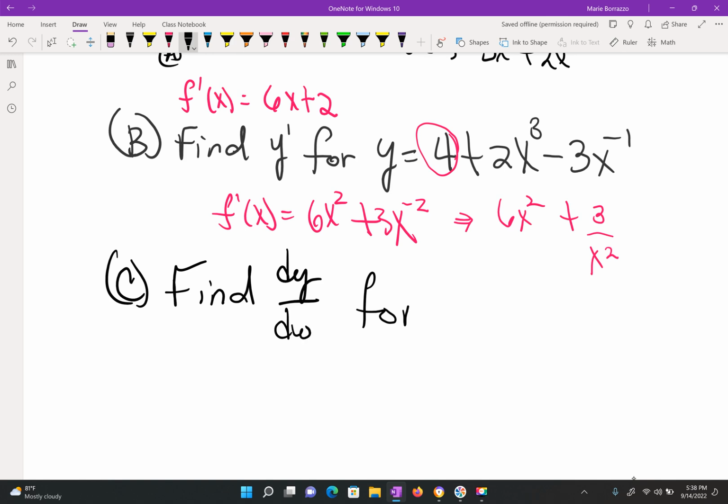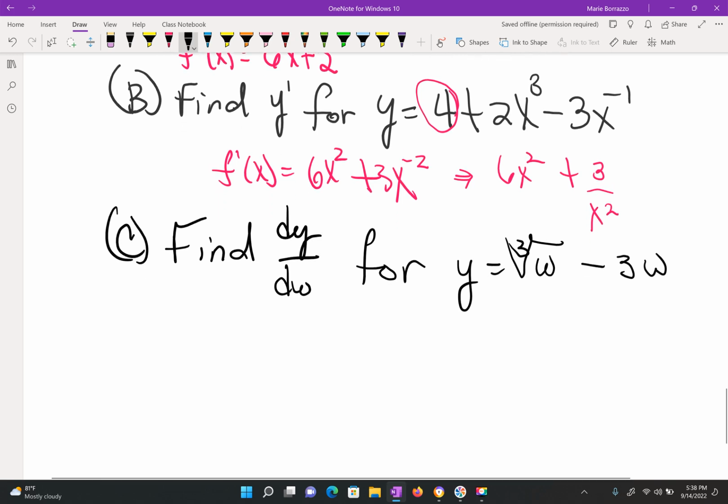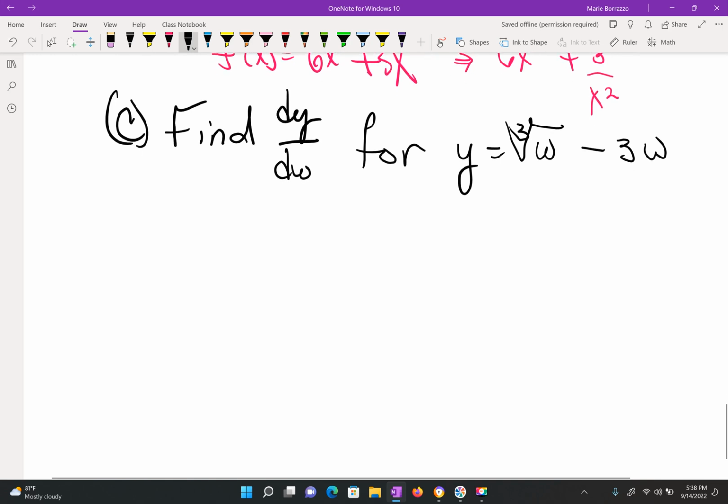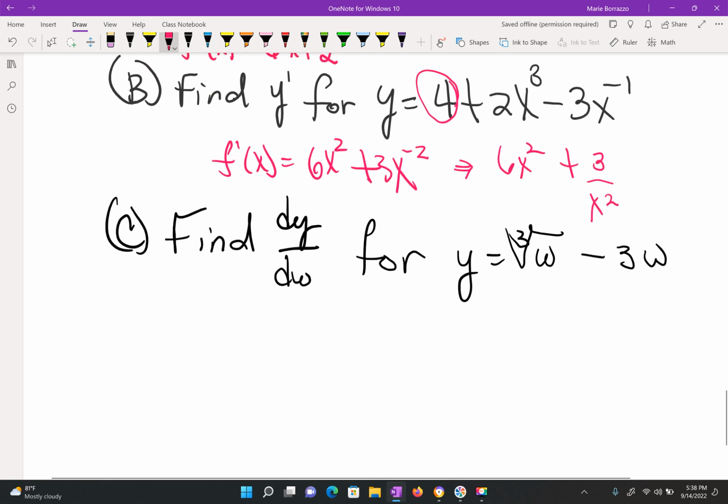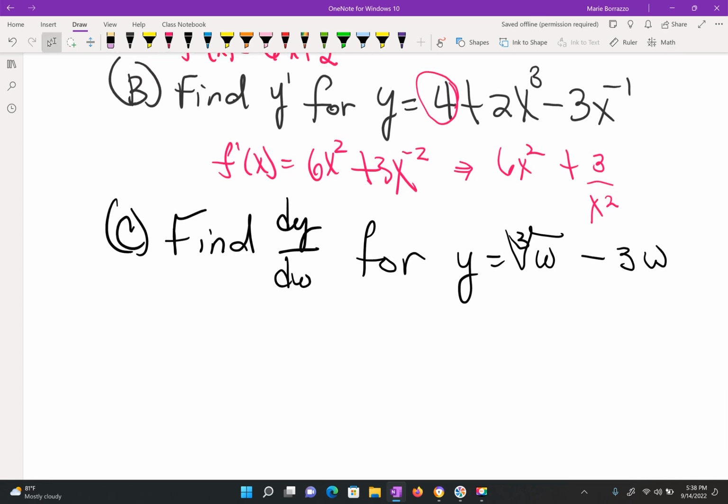Dw for y equals cube root of w minus 3w. Give you a minute on that one. What do you think that answer is? So what do you think this one is?